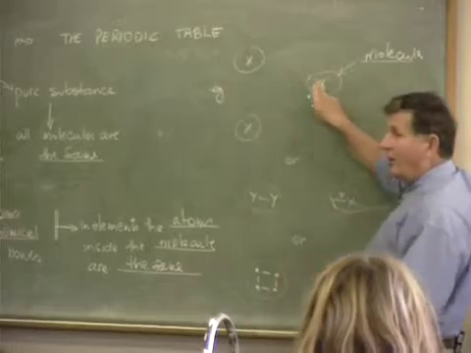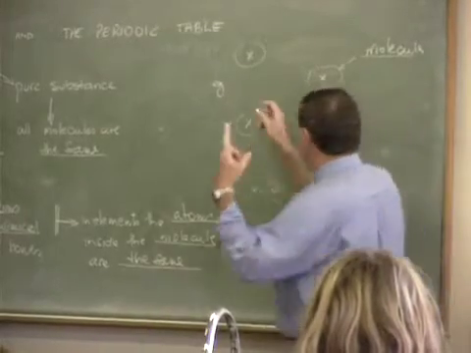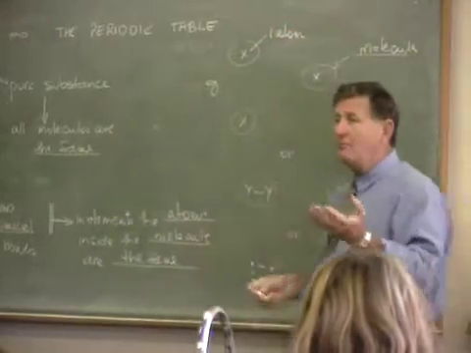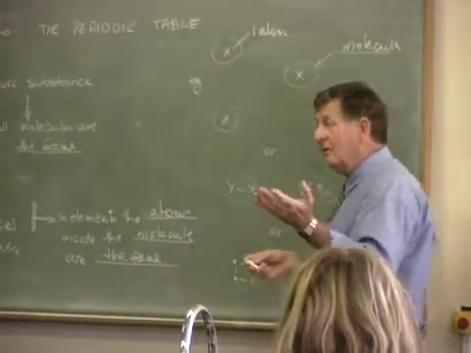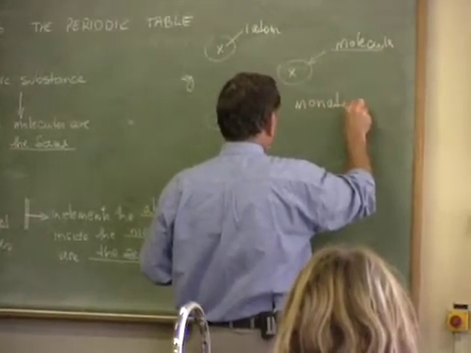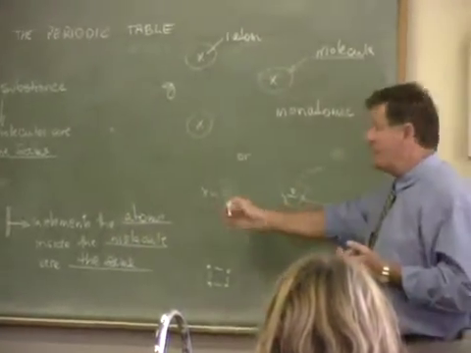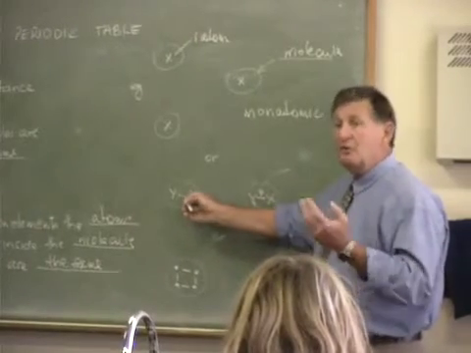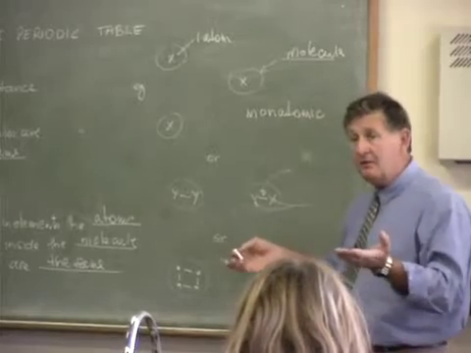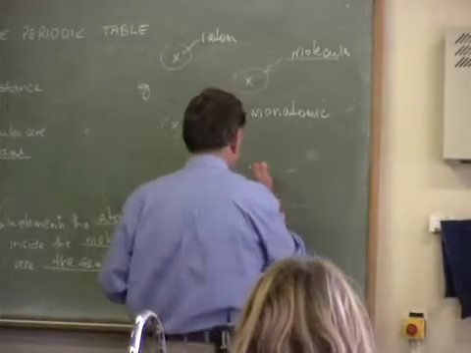Inside the molecule there is only one atom. Those kind of molecules are referred to as being monatomic. In these ones here there are two atoms inside the molecule, and these ones are referred to as being diatomic.